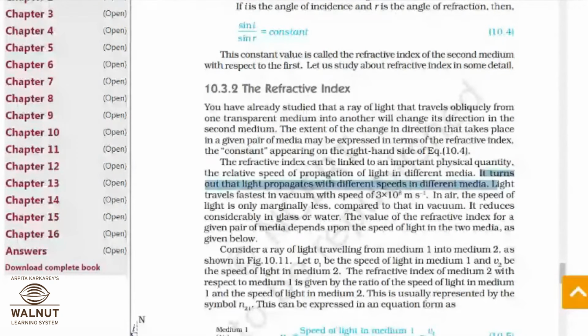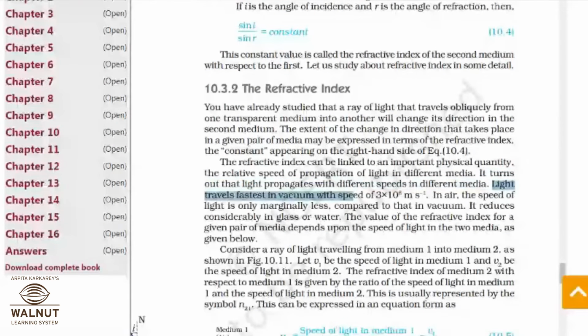In air, light will travel with a different speed. In glass, light will travel with a different speed. If you take any other transparent medium like water, light will travel with a different speed.